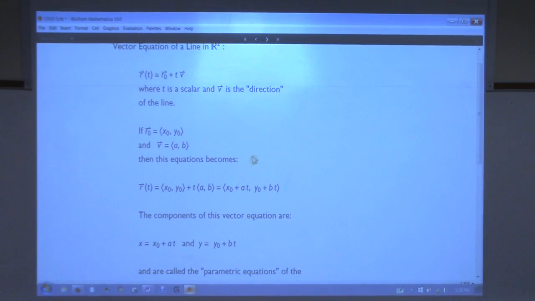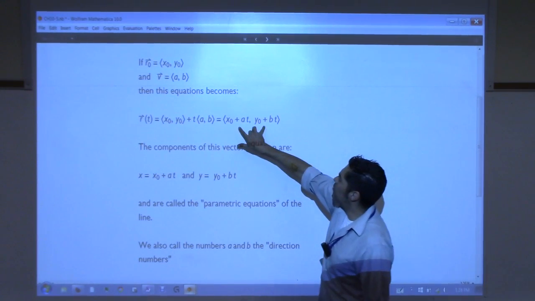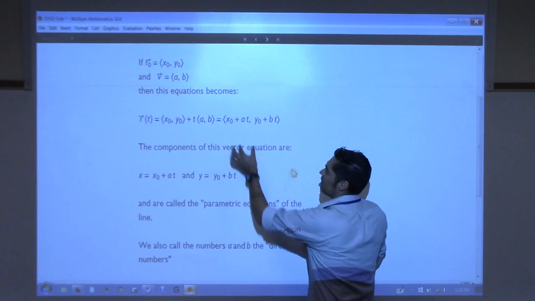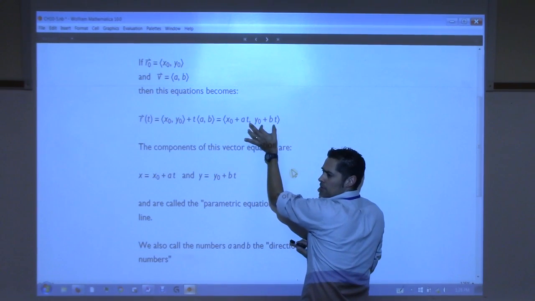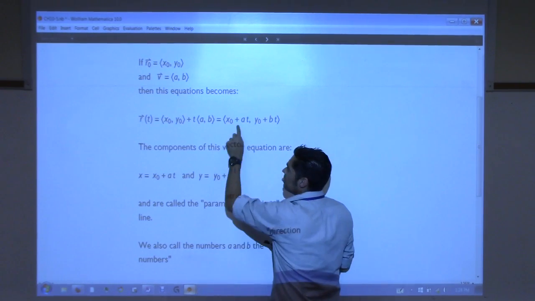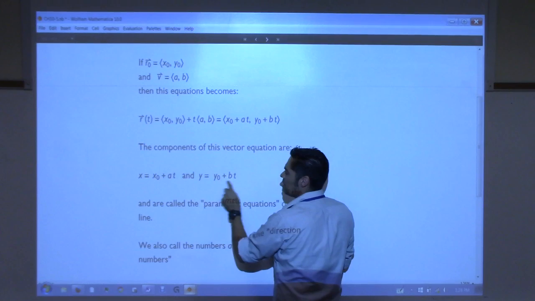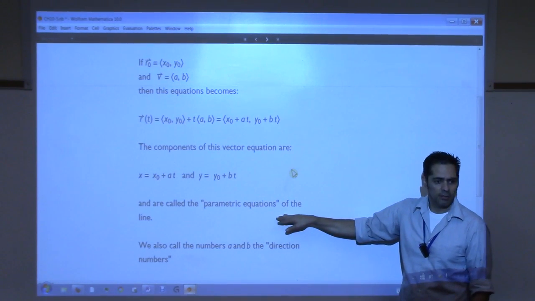All right, so if we take a look at the general vector equation of a line in two-dimensional space, here's what it looks like. The x component and the y component are given by these two expressions. I could say that x is equal to this and y is equal to this. These two are known as the parametric equations of the line.